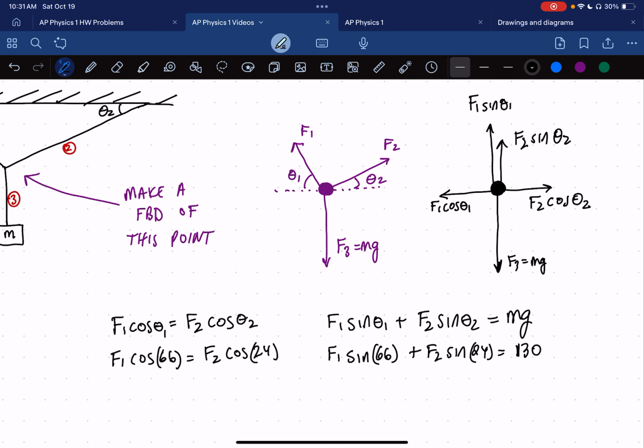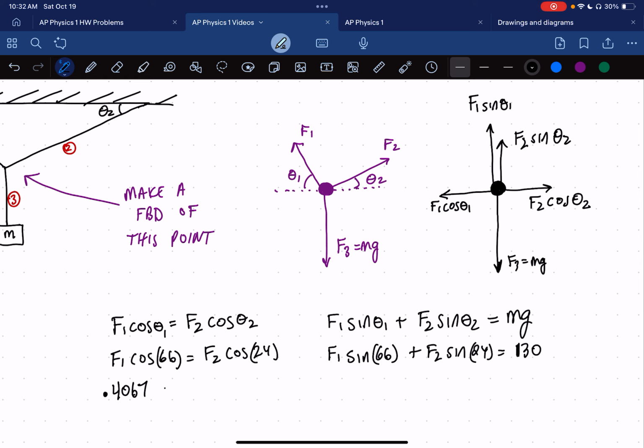And those are all the numbers we know right now. Remember that cosine 66, cosines and sines, when you put in the angle, they're just numbers. So cosine of 66, I'm going to type this in the calculator, is just 0.4067. We use 4 significant figures.